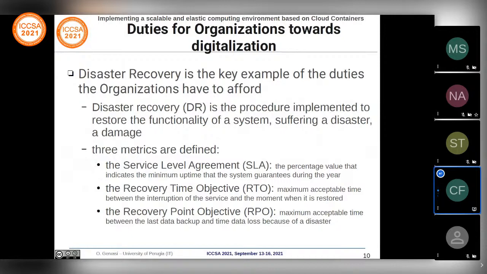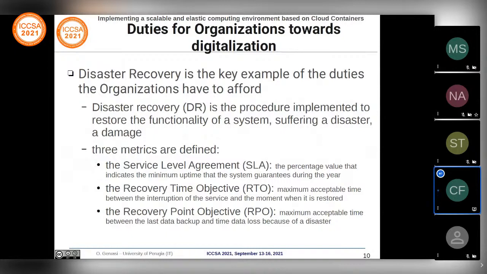To measure the effectiveness of the disaster recovery implemented, three metrics have been defined. The first one is the service level agreement, SLA. This means the percentage of a year where the system is available. So usually we measure SLA at about 99%, for example, or 99.90%, in order to have the system always on. This is the ideal scenario.